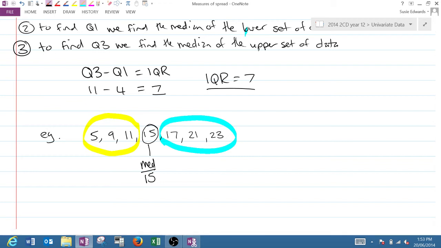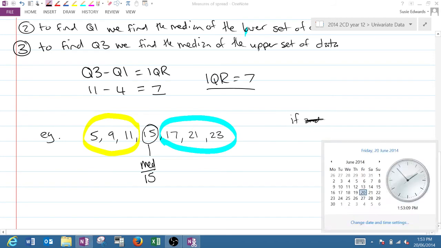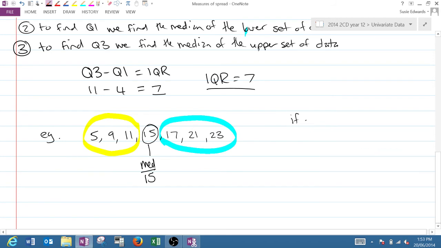So just quickly write, if an odd set of data, then the median is not included in the upper or lower quartiles.